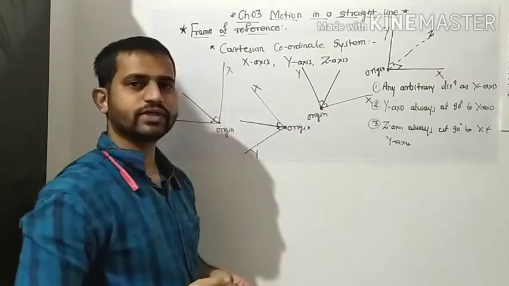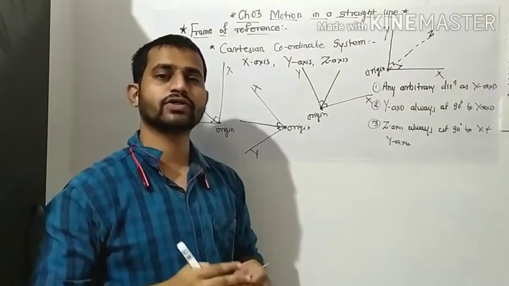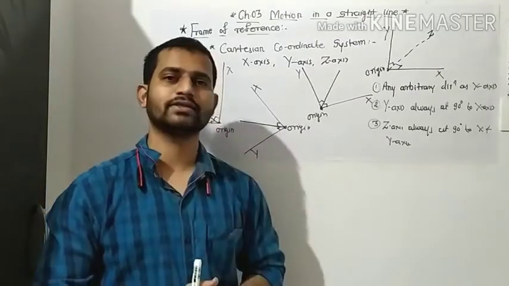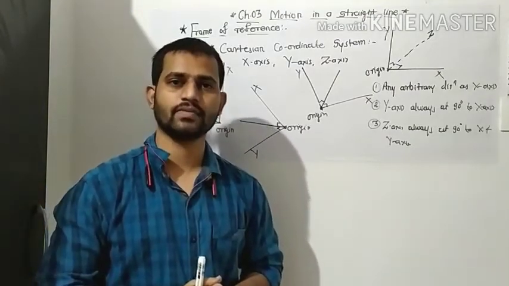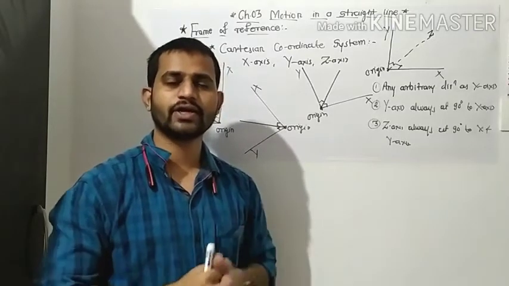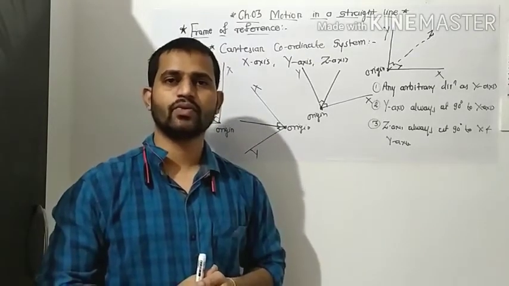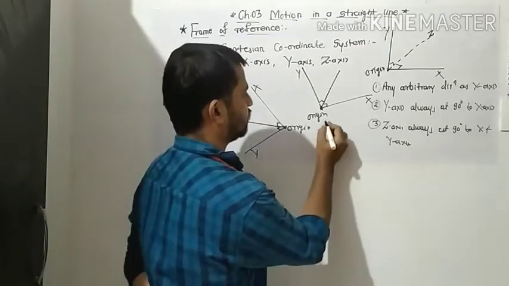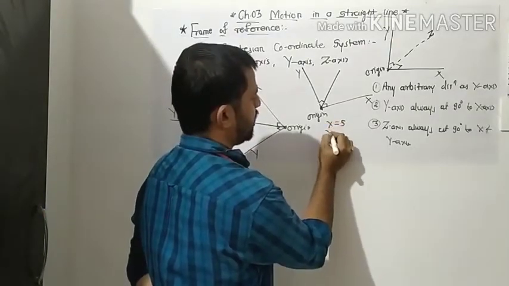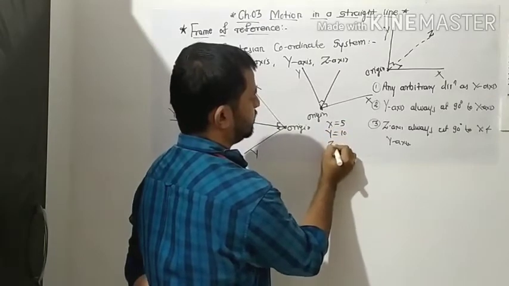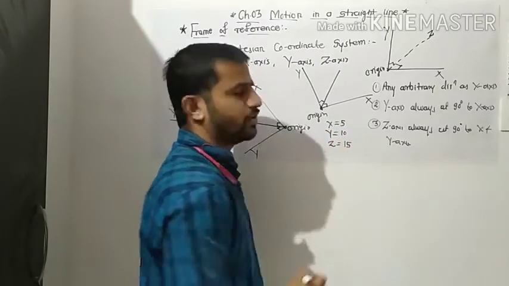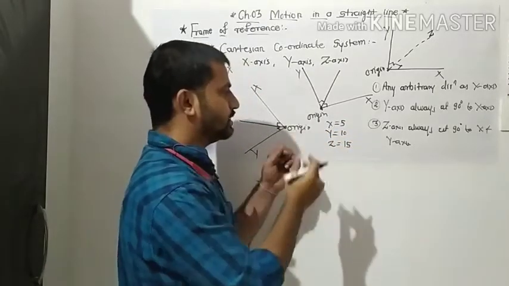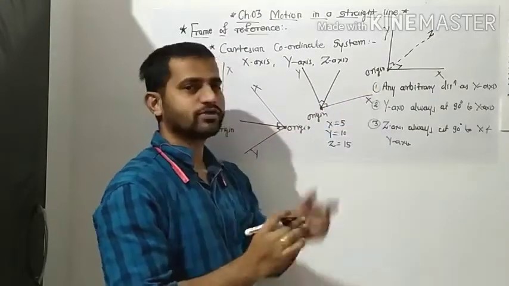So why do we have to consider this point as the origin? Because we can take that point as the reference. Suppose we are given some locations like x is equal to 5, y is equal to 10, z is equal to 15. Then we can note down these along the coordinate axes.